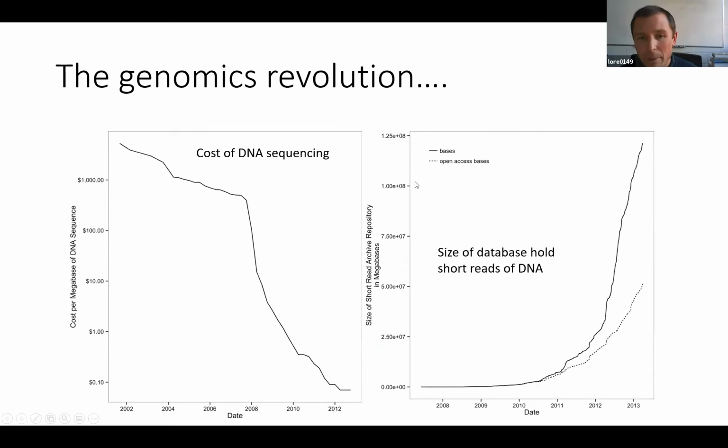And if you look at databases that house DNA sequence information, along with this cost, the size of those databases has just completely exploded. This scale here is in the millions of base pairs being deposited into these databases. So we have this massive trend in collecting DNA data.